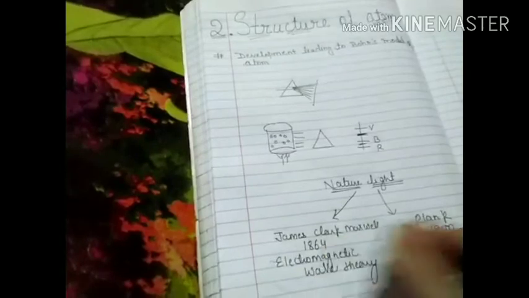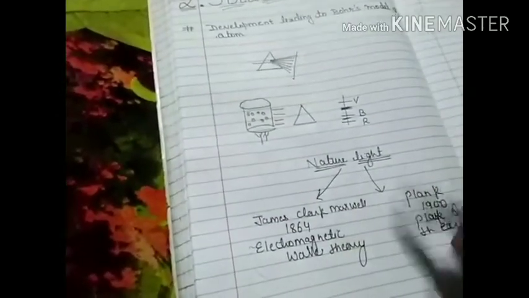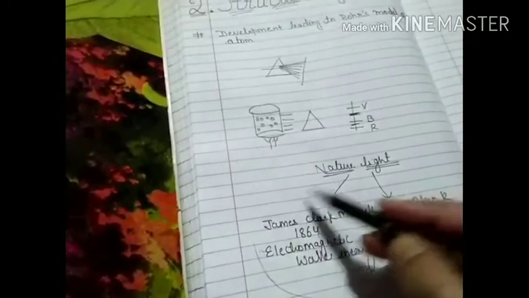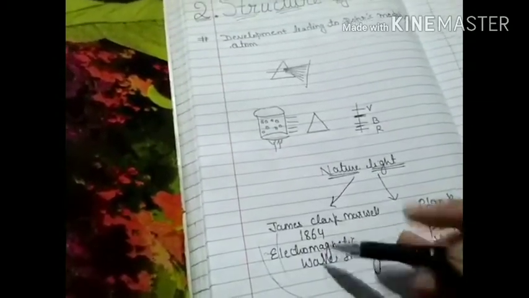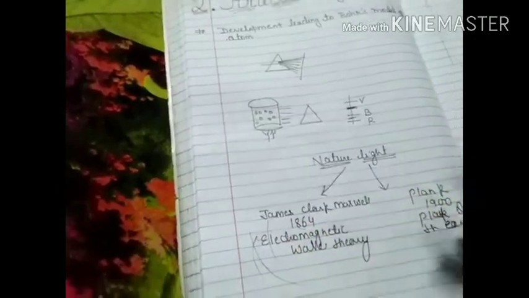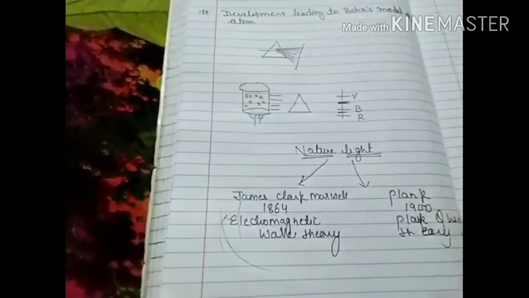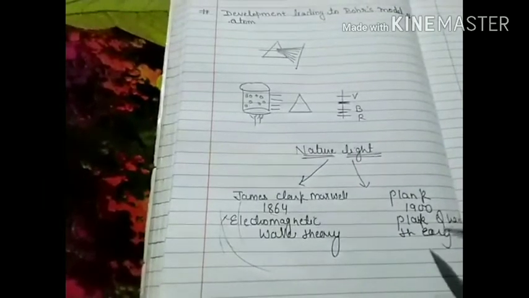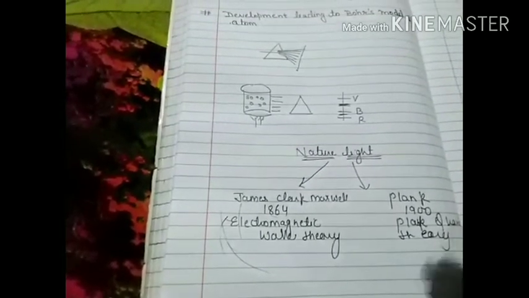So this is the classical theory, and this is the quantum theory. The nature of light was discovered by two scientists: the first attempt was made by James Clerk Maxwell in 1864, who explained the electromagnetic wave theory, and then it was explained by Planck in 1900 in Planck's quantum theory.